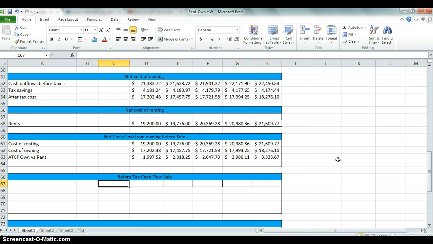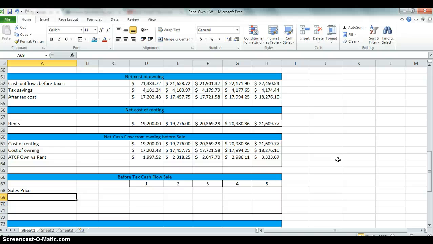And for that we need the years, which are year 1, 2, 3, 4, and 5. And then we're going to need to calculate our sales price, which we already calculated before.